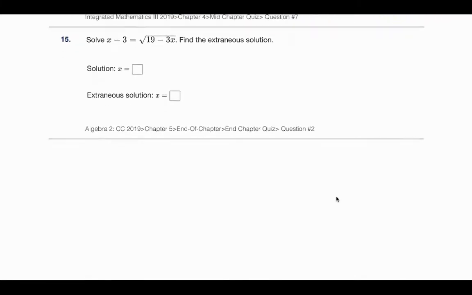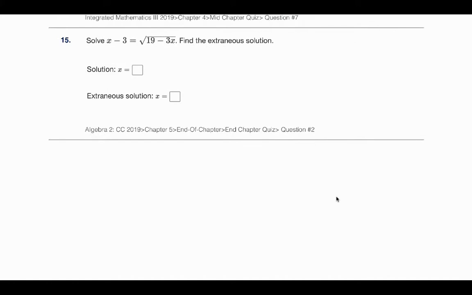So I'm going to take my x minus 3 equals the square root of 19 minus 3x. So remember, to undo a square root, that's our goal, we have to square both sides.